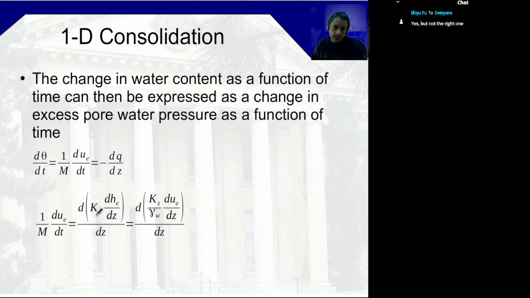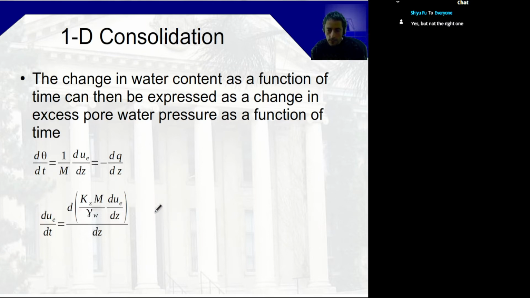And of course Darcy flux is equal to our change in hydraulic head, but in hydrostatic condition the only changes in head are caused by pressure. So we go from dh to du, and we already saw why that was, right? Based on that, we have the unit weight of water in the function.